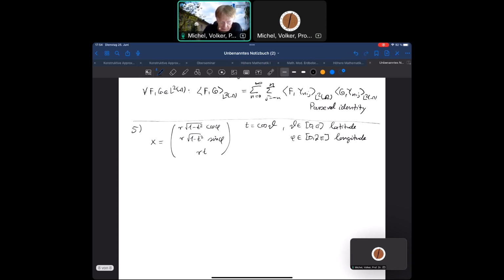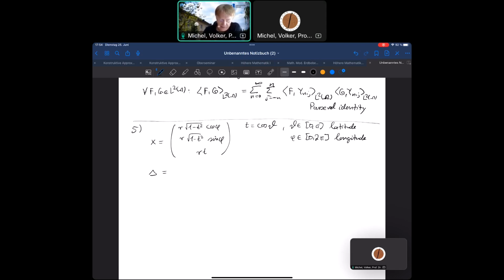Now, the Laplace operator, which once again is the trace of the Hessian matrix, so it's d2 by dx1 square plus d2 by dx2 square plus d2 by dx3 square in 3 dimensions, you can represent in polar coordinates away from the origin.